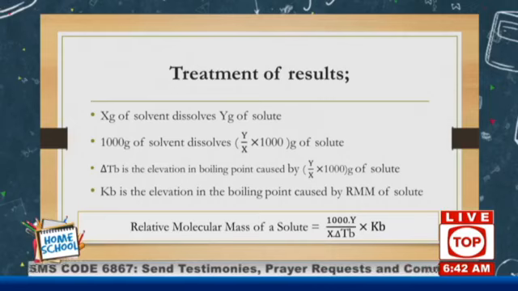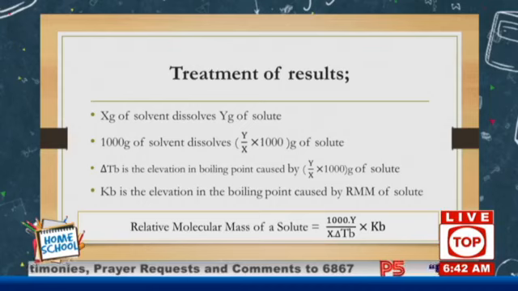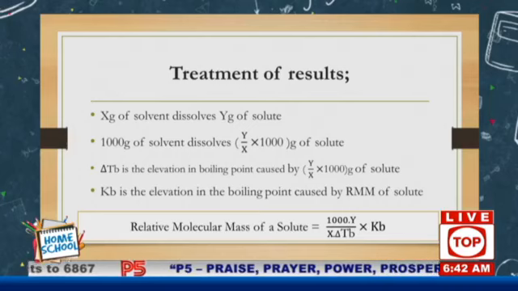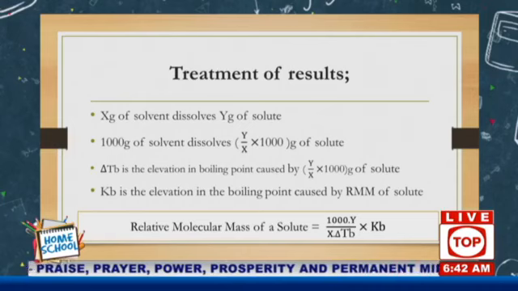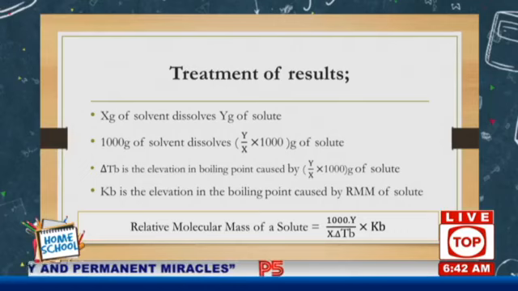So what about the constant? This KB which we are talking about to be constant. Okay? The boiling point elevation constant, KB. What is it? The change can be caused by the relative molecular mass of the solute. So you look at the two.